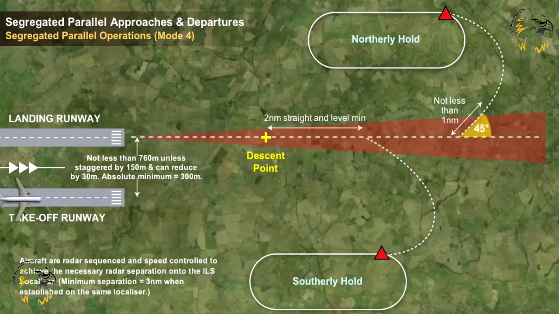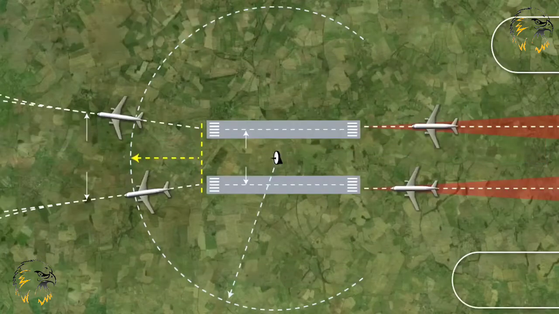This allows for one runway to be used for approaches and the other for departures. Semi-mixed operations from parallel runways take place when combinations of the above modes of operation take place.